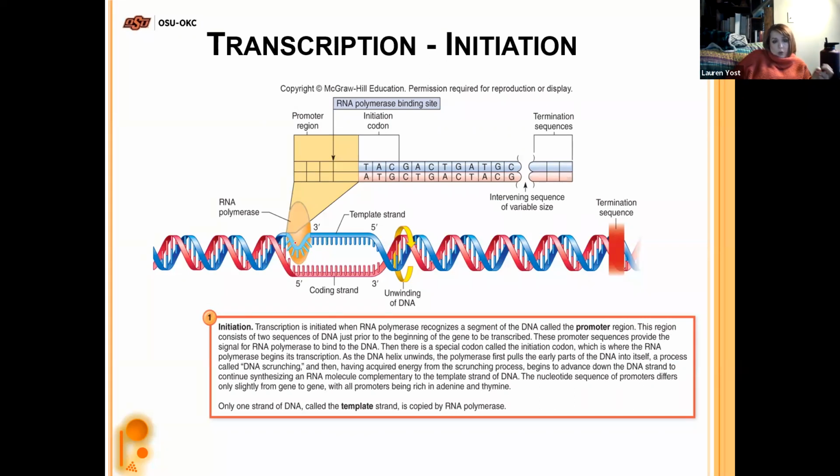So we'll unwind. RNA polymerase will come in and recognize a portion of where it needs to start. That's the promoter region. Okay, that's where it needs to start. Polymerase means poly making, taking a lot of the mers and making polys out of it. So it's just making RNA out of its appropriate nucleotides. So that's what polymerases do.